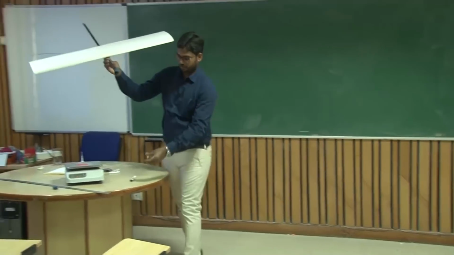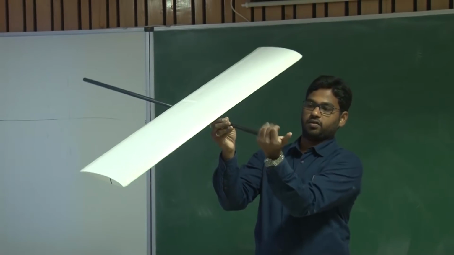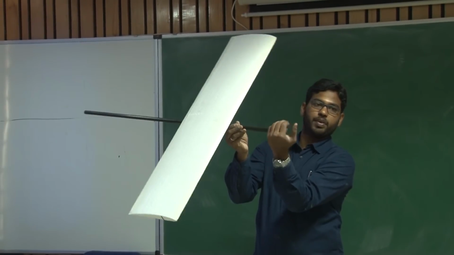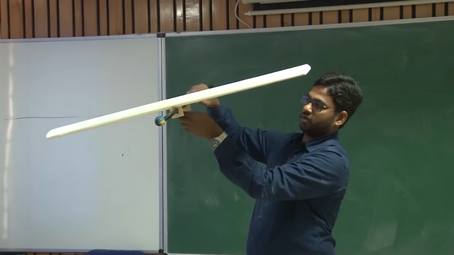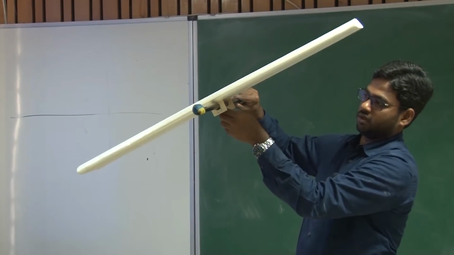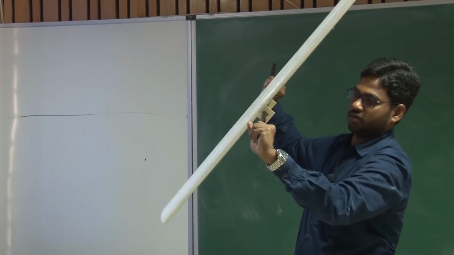Let us say I reduce this clay, again I am bringing that CG back. What I am trying to do now is bringing it close to the aerodynamic center here. Now it is behind the AC.